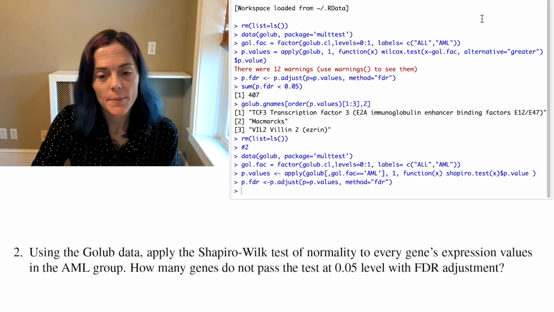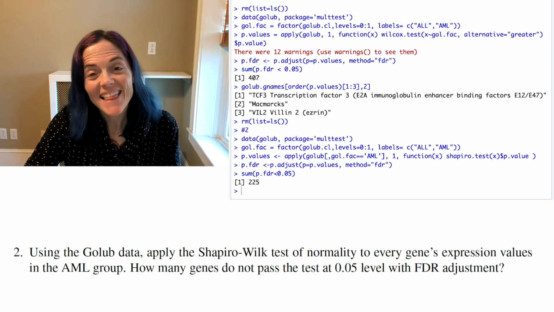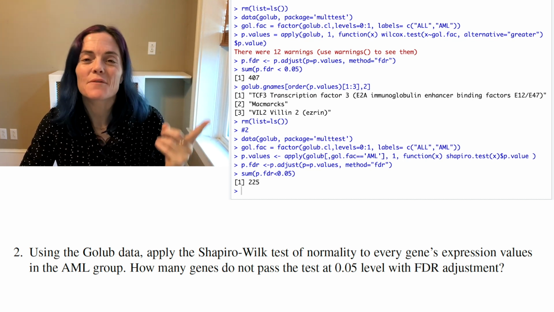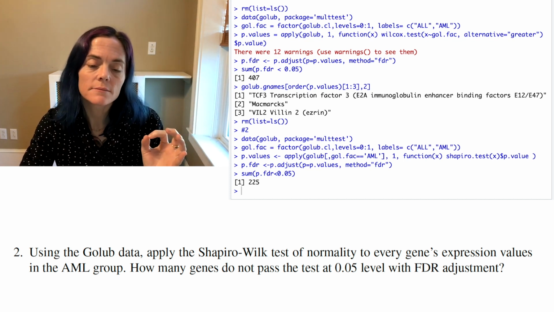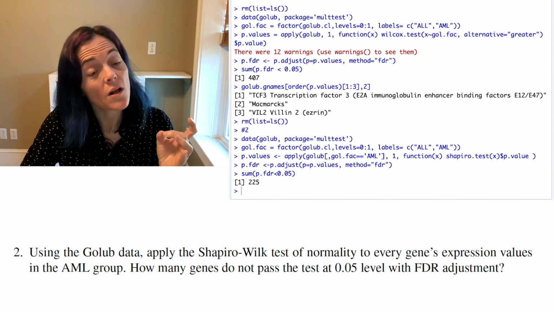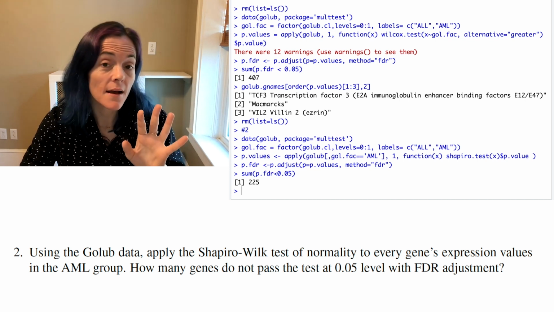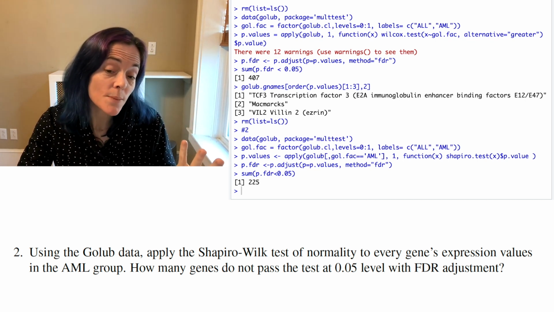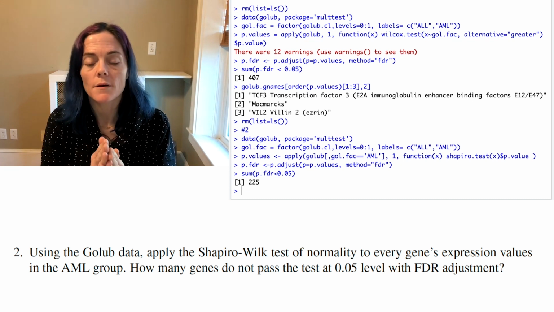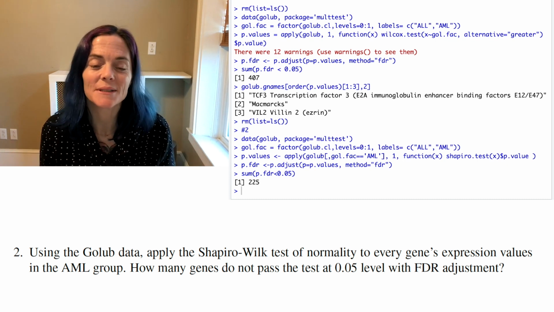Once again, we can apply this p.adjust function, and then we can figure out how many, after we have adjusted for multiple hypotheses, we would reject the null. Now, in the Shapiro-Wilk test, the null hypothesis is that the data come from a normal distribution. And so we have 225 for which we would reject, meaning the data do not come from a normal distribution.